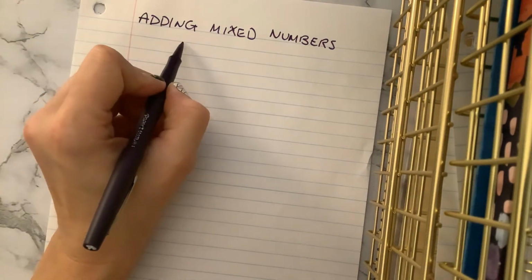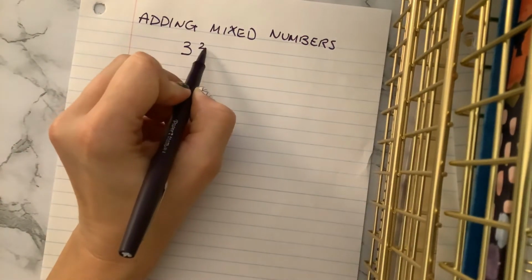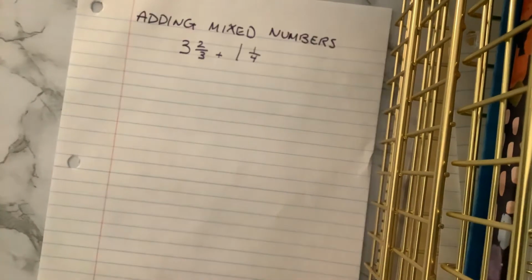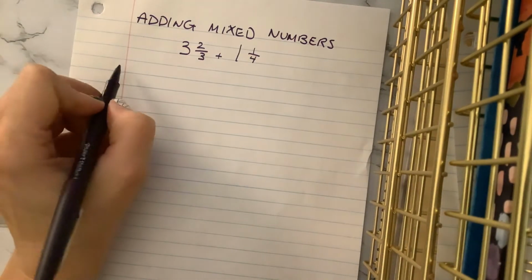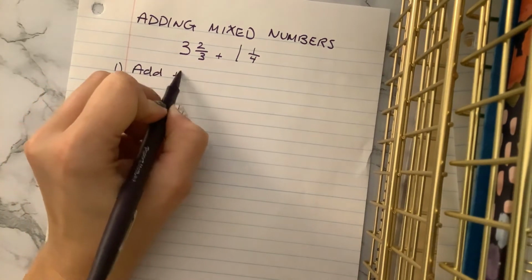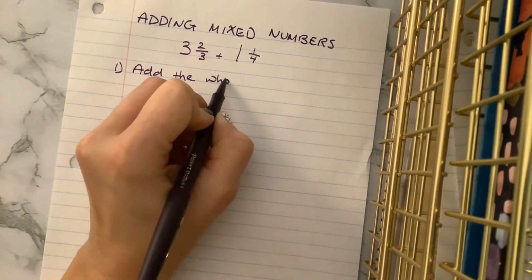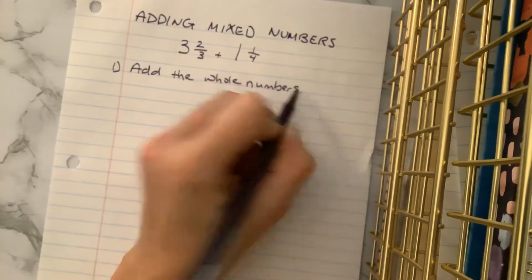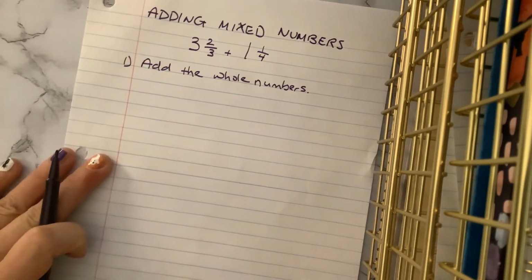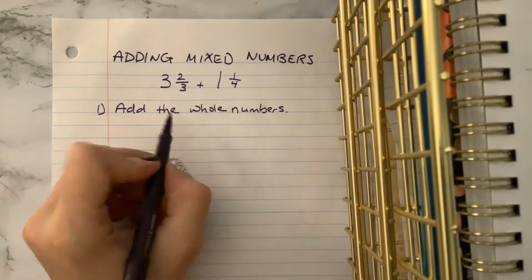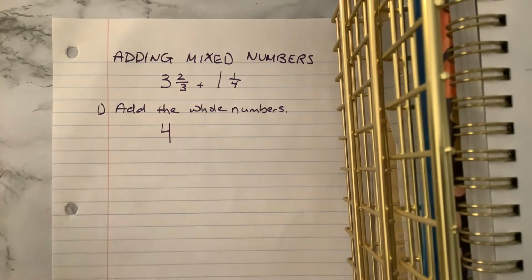Okay, so let's say we're solving the problem 3 and 2/3 plus 1 and 1/4. Okay, step 1 is going to have us add the whole numbers. So 3 plus 1, we start by adding the whole numbers. 3 plus 1 is 4.